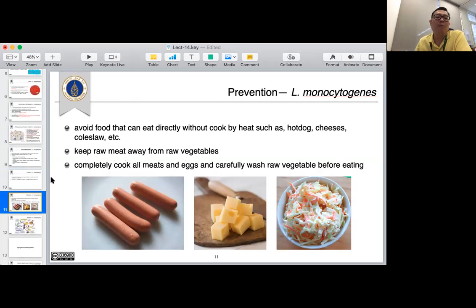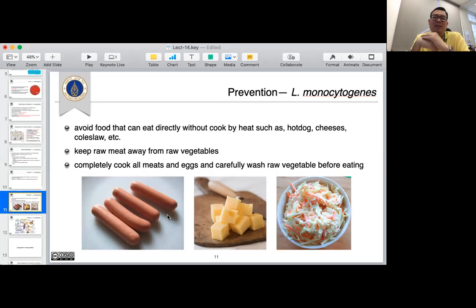Prevention of L. mono. Just avoid food that can be eaten directly without cooking, for example, sausage, hot dog. So a hot dog you can eat cold. If you buy a hot dog from a supermarket and it has contamination, well, the supermarket probably has a better brand.